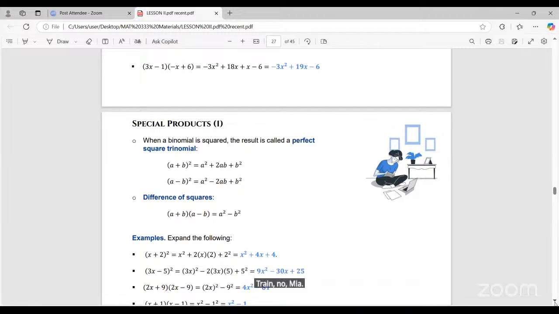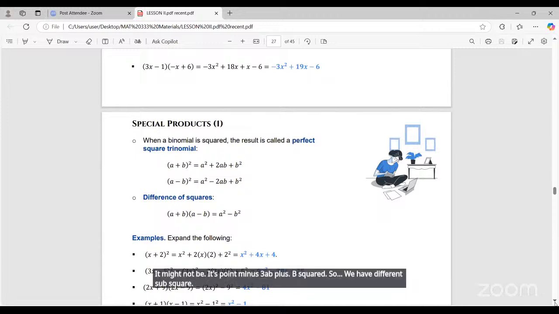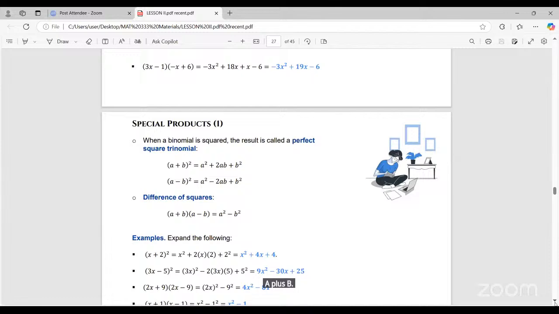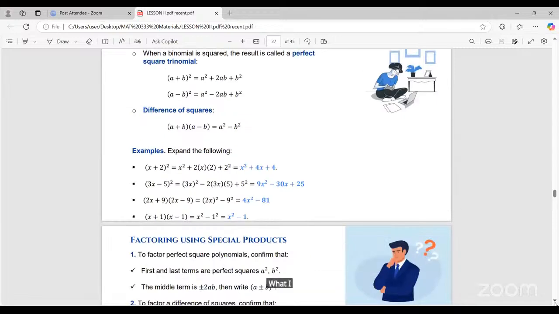We have (a plus b) squared giving us what? a squared plus 2ab plus b squared. (a minus b) squared gives us a squared minus 2ab plus b squared. So we have the difference of squares: (a plus b)(a minus b) gives you a squared minus b squared.